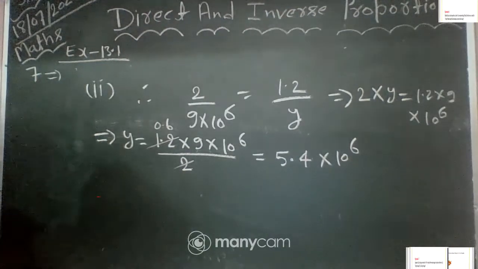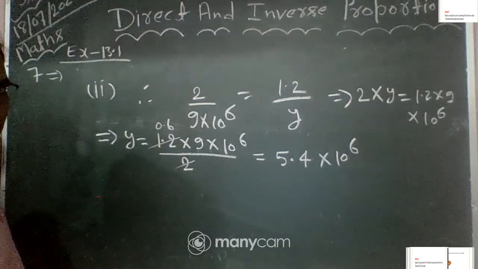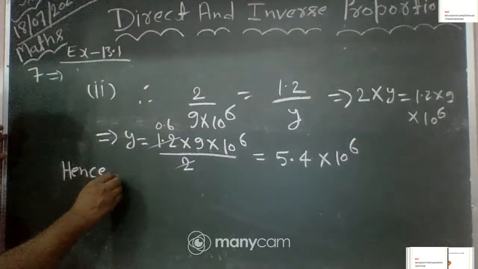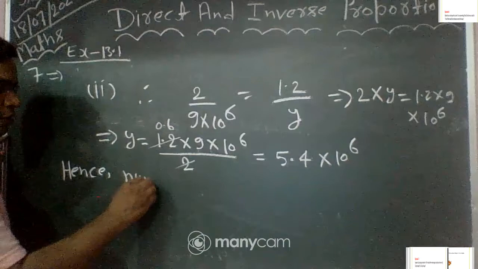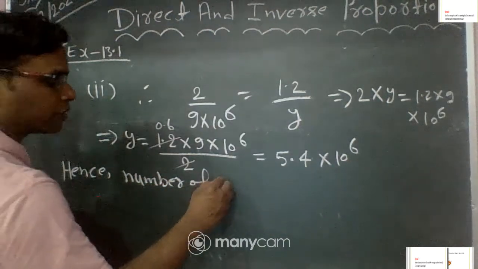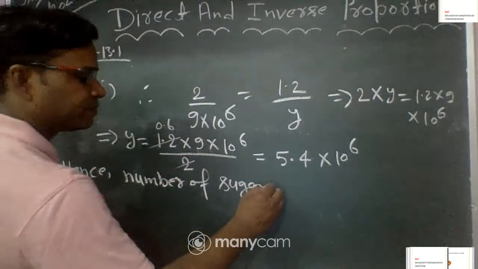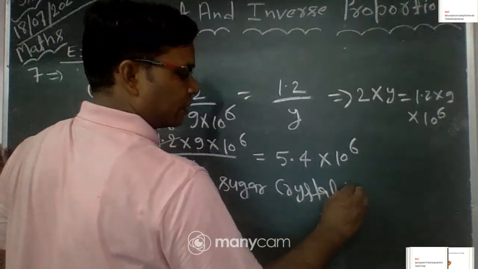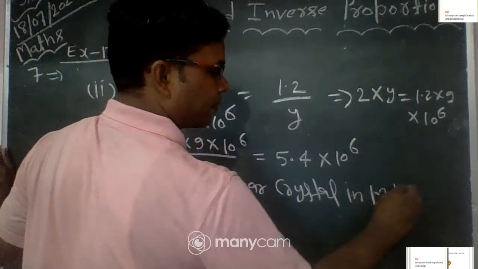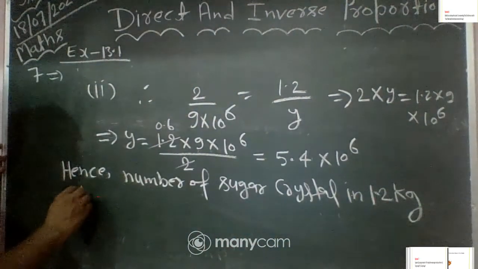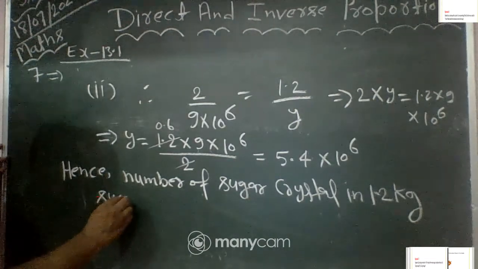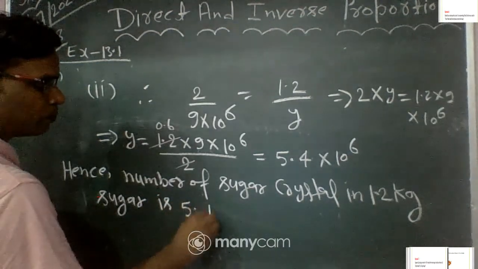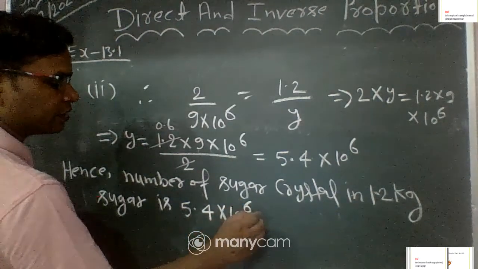Hence, the number of sugar crystals in 1.2 kg sugar is 5.4 into 10 power 6.